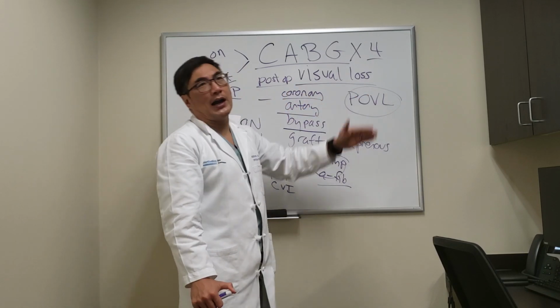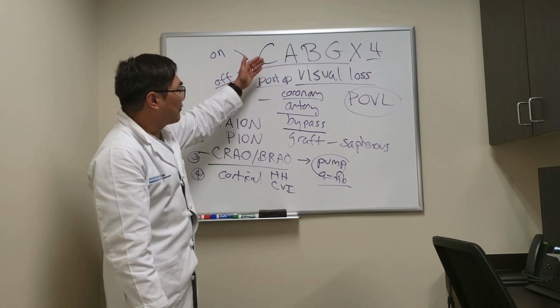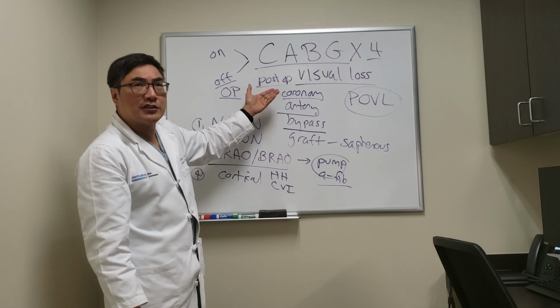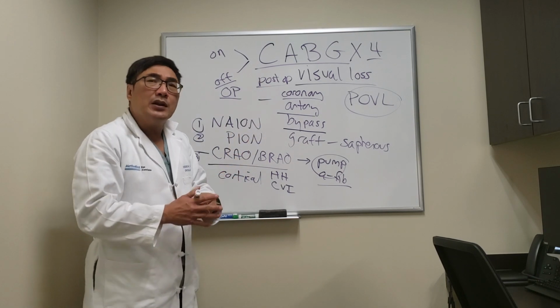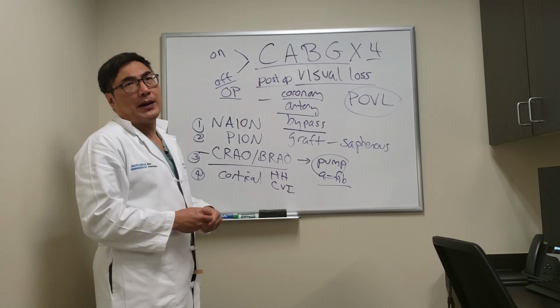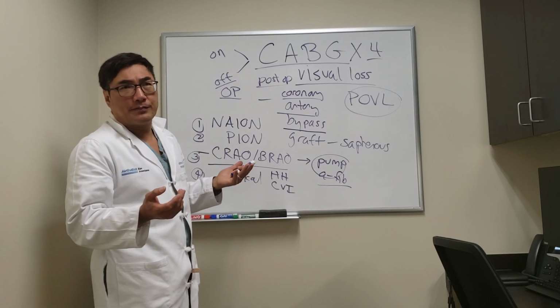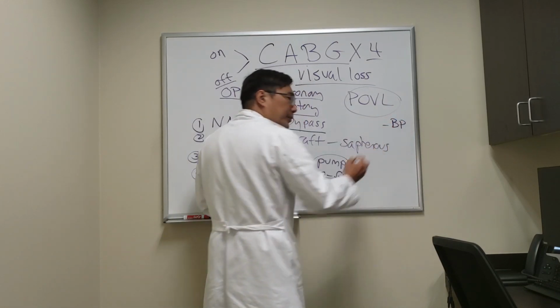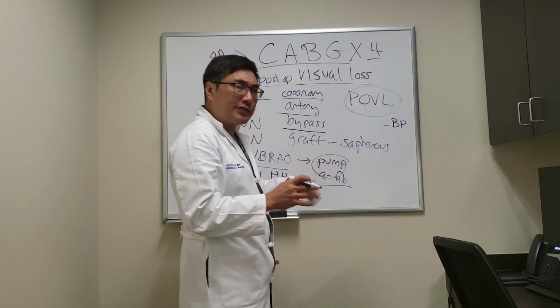And then you have intraoperative risk factors that occur from the CABG. The two most common surgeries that we see postoperative vision loss are spine surgery, which is the face down position, and coronary artery bypass graft, because you're obviously working on the heart. The factors that we're going to be worried about are the blood pressure, including the use of vasoconstrictors.